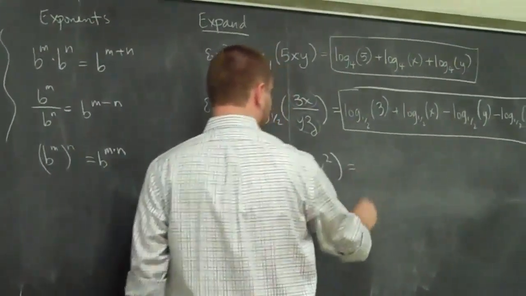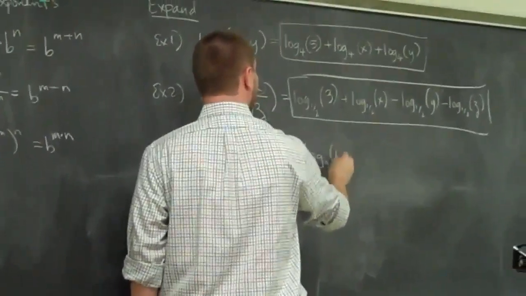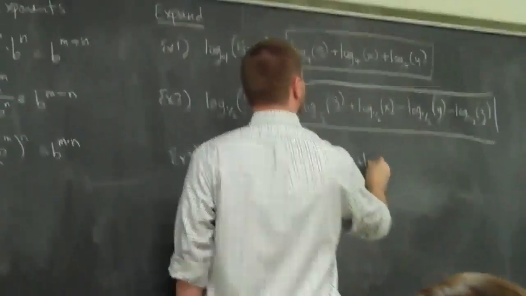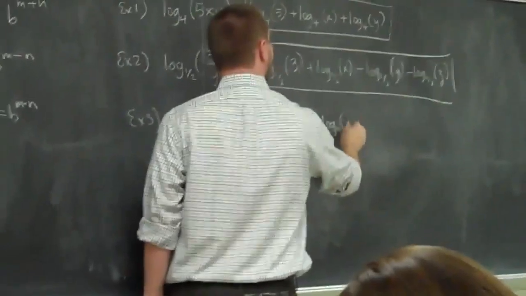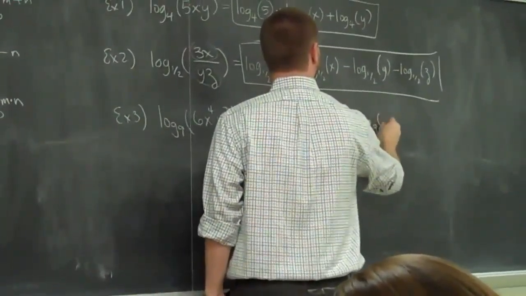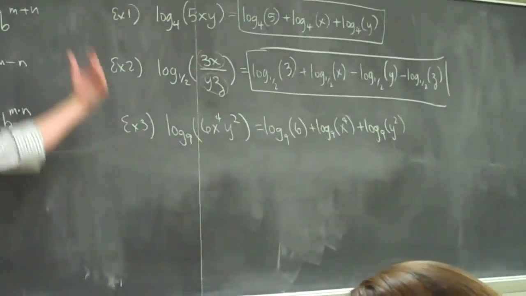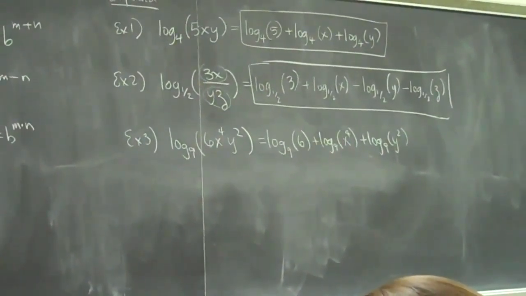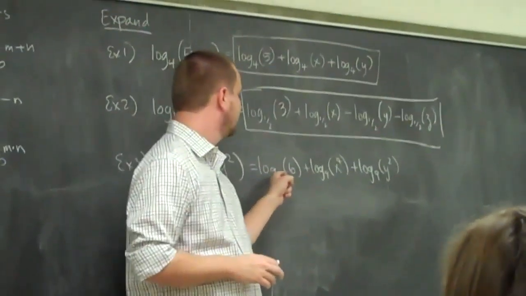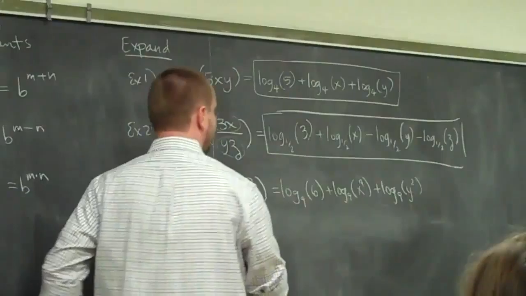The first thing we're going to do is what we were just doing in the previous example. The log base 9 of 6 plus the log base 9 of x to the 4th plus the log base 9 of y squared. Okay? I split up those individual factors. But now, the log base 9 of 6, that's as expanded out as I'm going to make it.